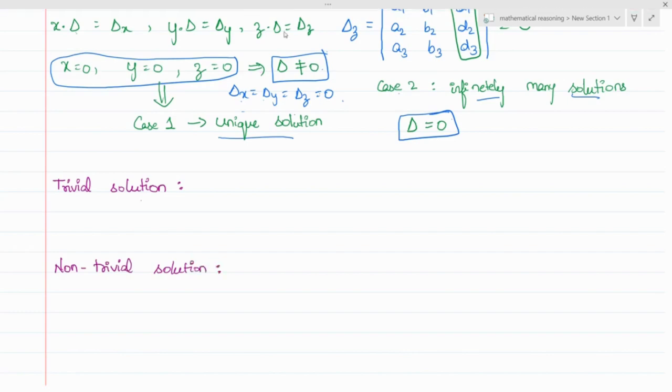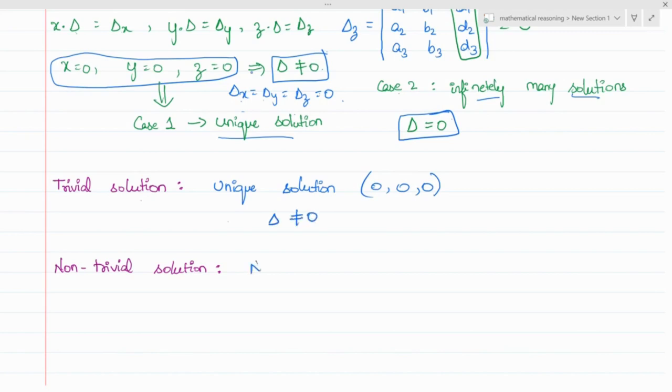In the system of homogeneous equations, a trivial solution is when a unique solution exists, that is, when x, y, z are all equal to 0. Here in this case delta is not equal to 0.